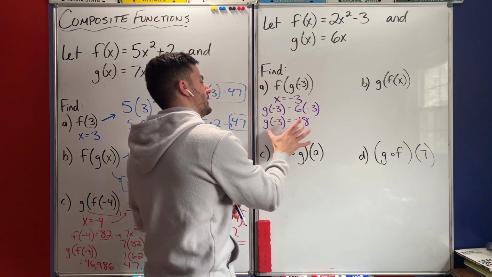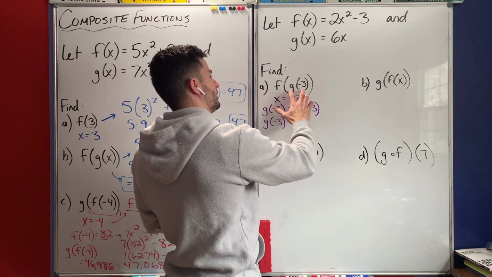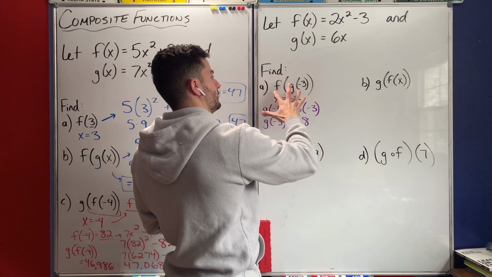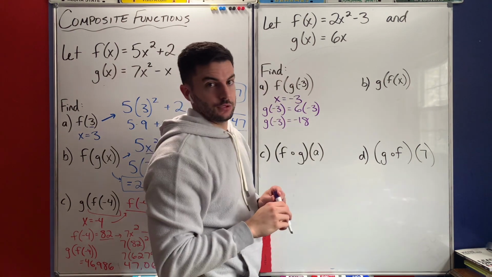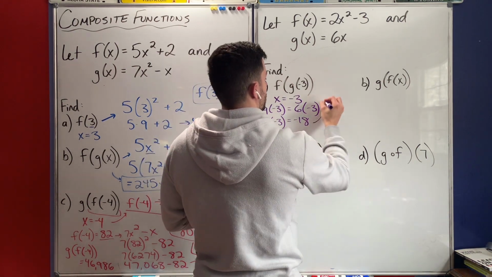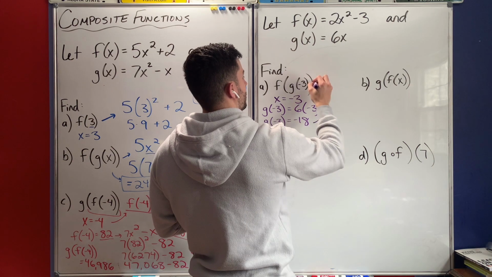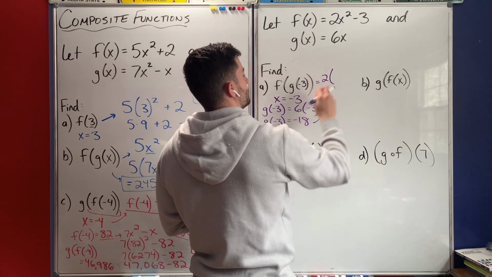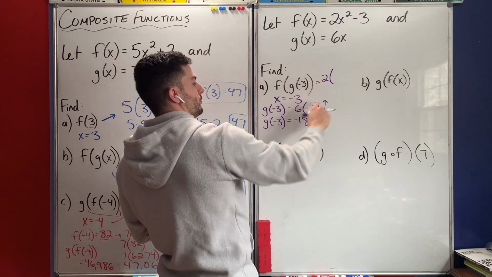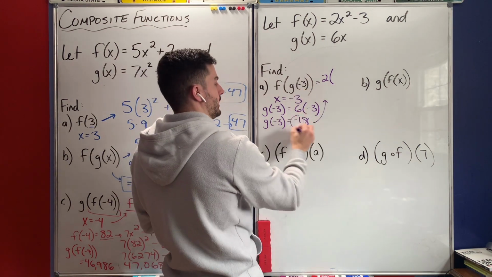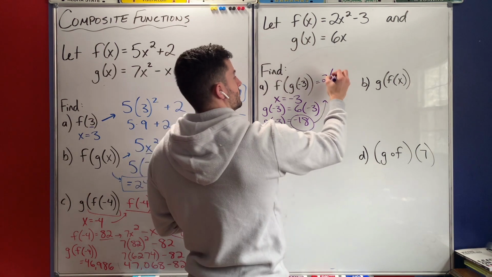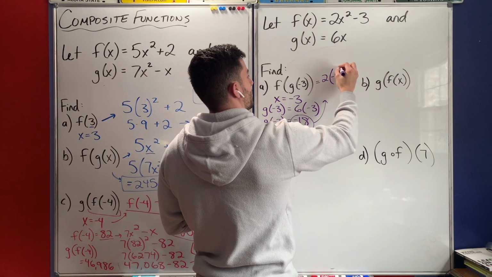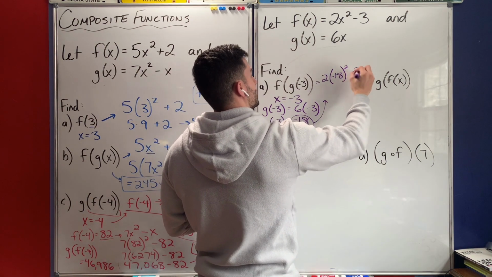But again, it's taking that g of negative 3 answer and plugging it into the f equation. So f of g of negative 3 would equal 2 times, not negative 3, but again, the x's are being replaced with this answer. So negative 18. So 2 times negative 18 squared minus 3.